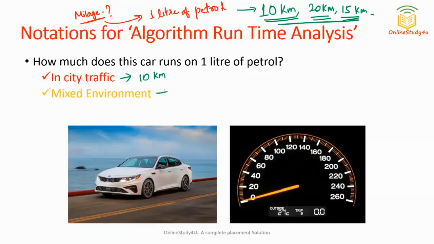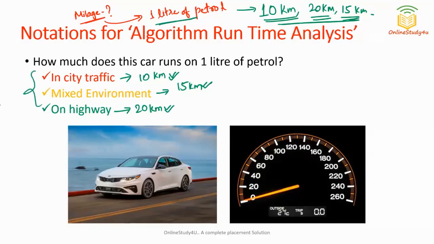So on average it can run 15 kilometers. And then suppose we have the best situation where we are on a highway only. Here it can give 20 kilometers. Now you can see it can run different distances with the same amount of petrol. This is according to the situation.